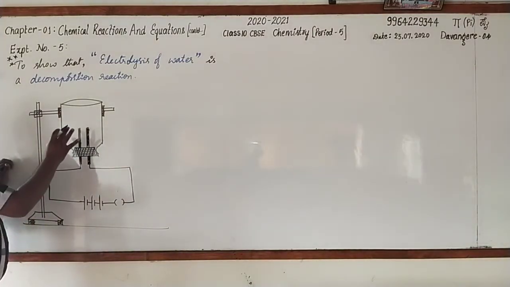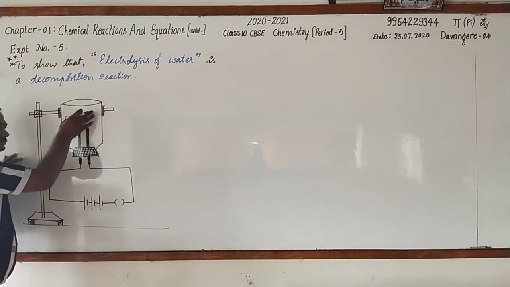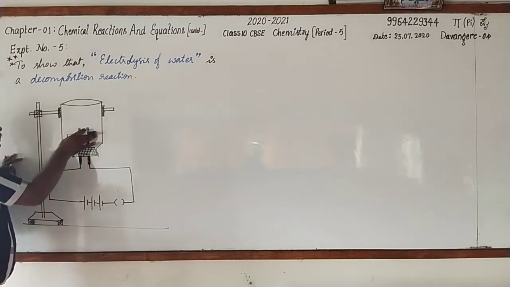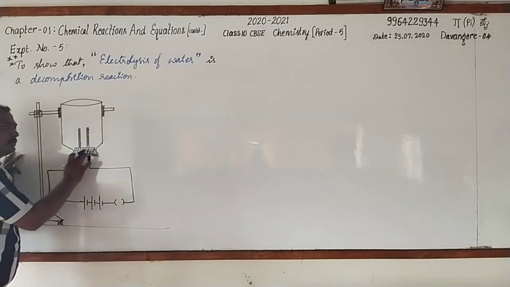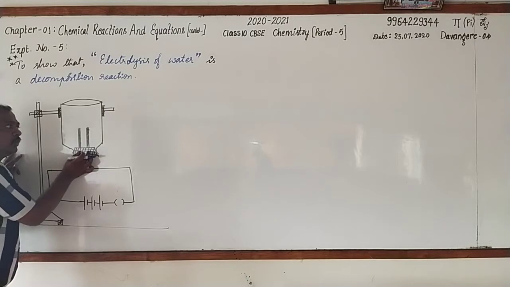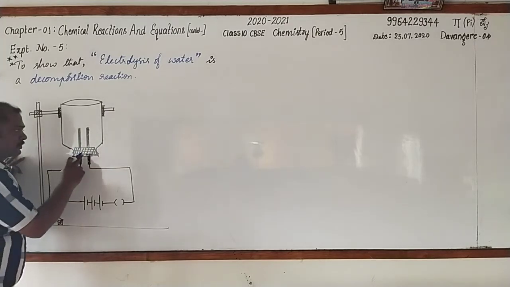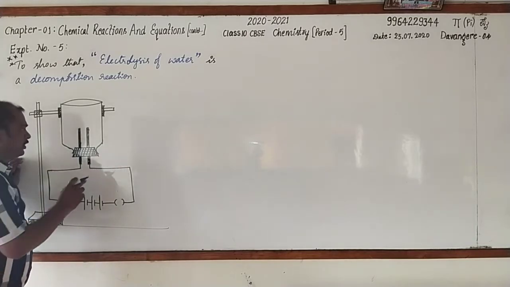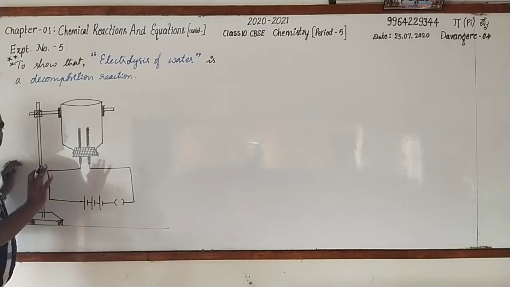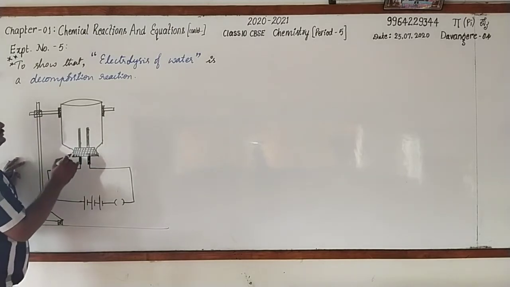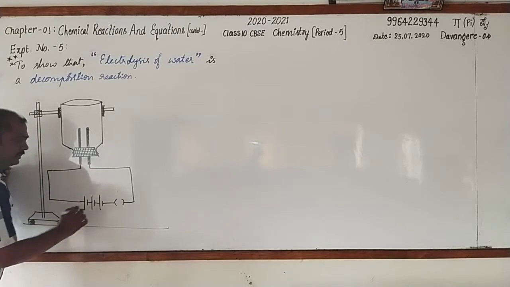Here, once I tell you that arrangement, take a glass bottle having no bottom and close its mouth with a 2-holed rubber cap, and take 2 electrodes, nothing but graphite rods, and insert them into the holes. Clear? Next, connect the electrodes to the terminals of a battery.